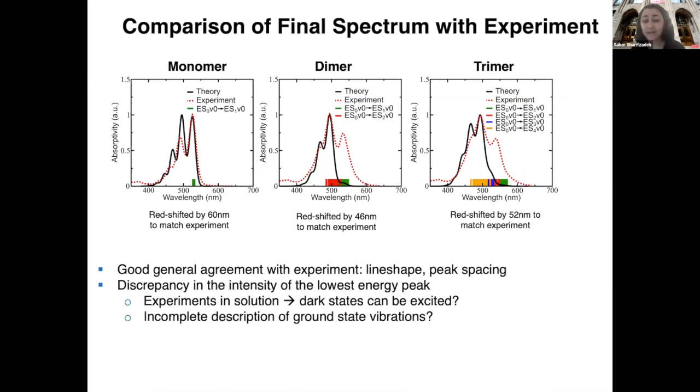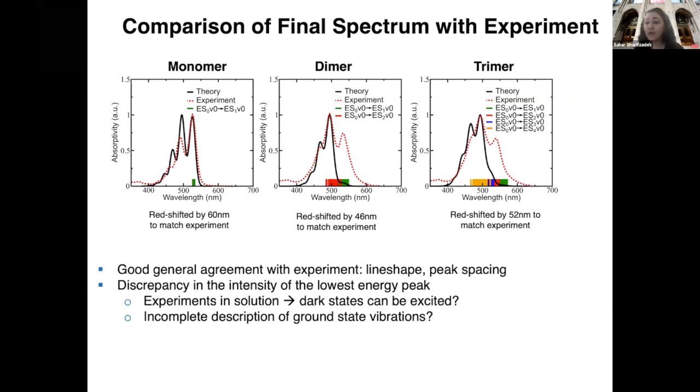We hypothesize that this could be because experiments are done in solution, but more likely it is because we have an incomplete description of ground state vibrations, which we saw were so important for describing these optical excitations. So while the agreement with experiment is not perfect, we feel that this is good enough agreement to continue on to understand better the excitonic properties of these systems.